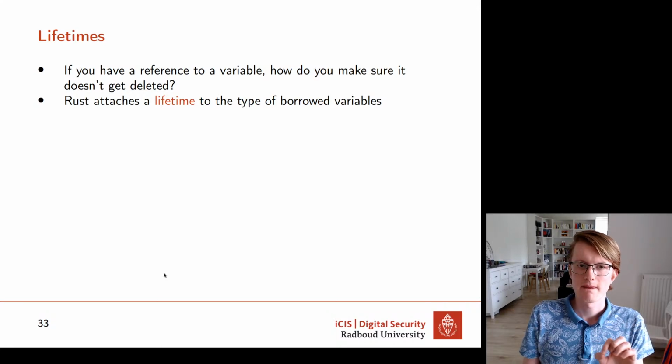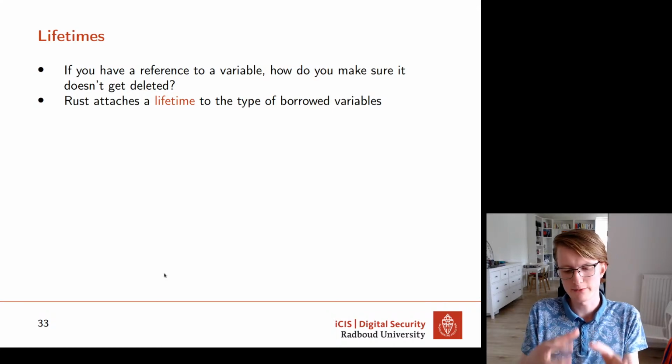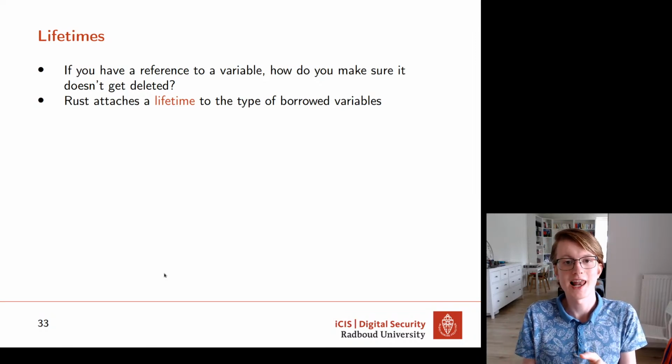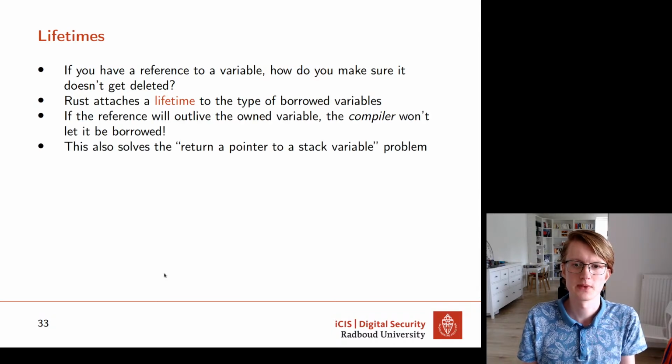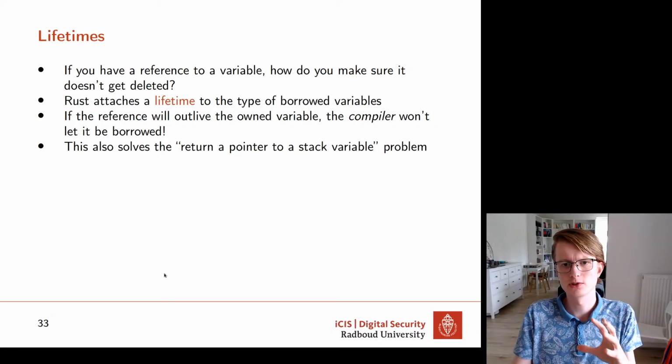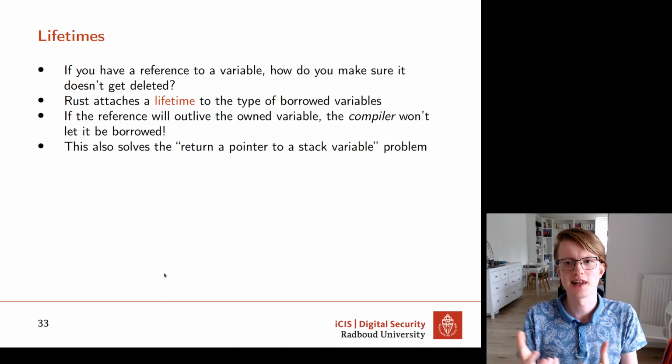And the idea of this is if you have a reference, and that reference will live longer than the variable that is owned, the compiler will not allow it to be borrowed. This is the sort of construction that recalls the thing where you had a function and that function would return a pointer to a local stack variable. This is also such a lifetime problem.